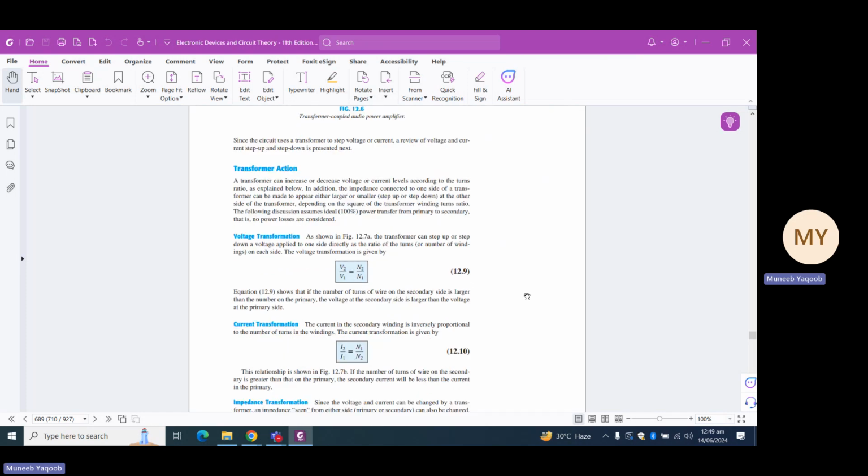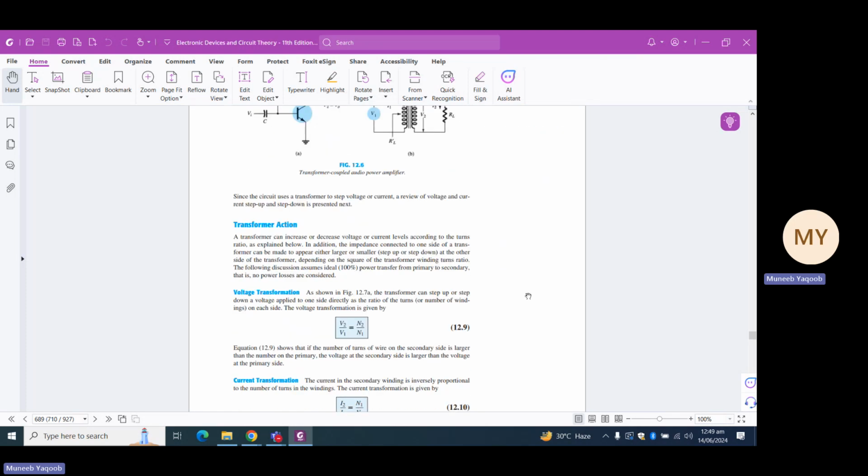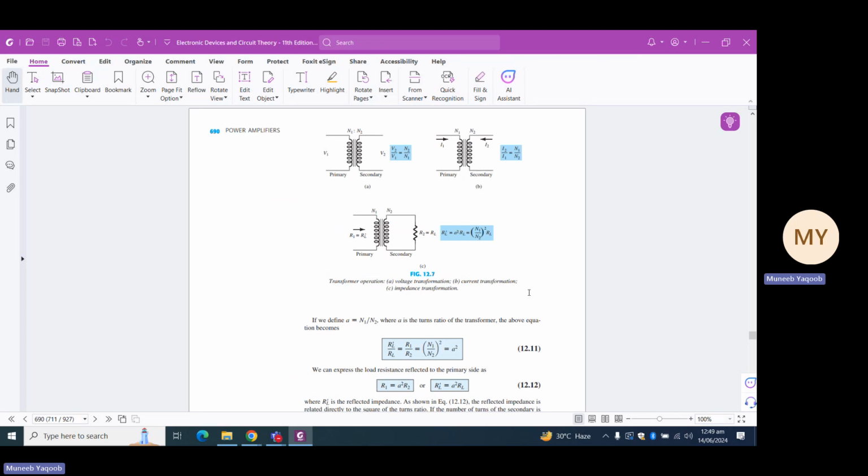If you can see in the figure, it is figure 12.7, and I'm talking about figure 12.7c, if the output resistance is RL and the input resistance is RL dash, then we can write that RL dash is equal to A squared, that is the turn ratio squared, times RL.